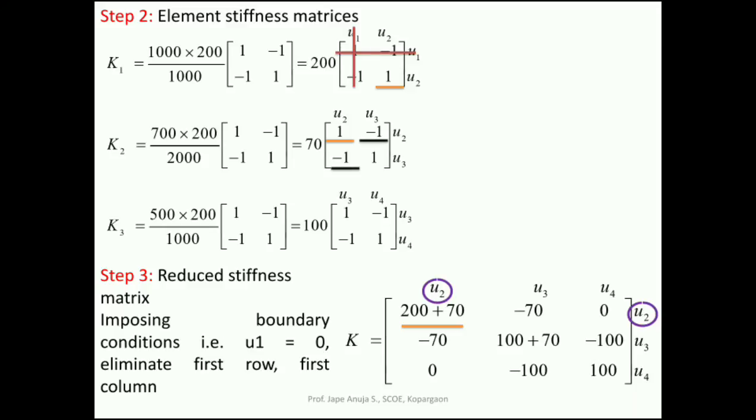Similarly, go on calculating the next element, that is this element in U3 column, U2 row. That is shown here with this black line, which appears only in K2, U3, U2, or you say U2, U3, both are same. So 70 into minus 1. So that is written here, U3, U2 minus 70. Similarly, the U2, U3 element is also the same, minus 70.